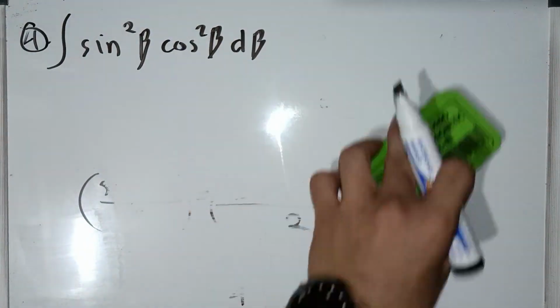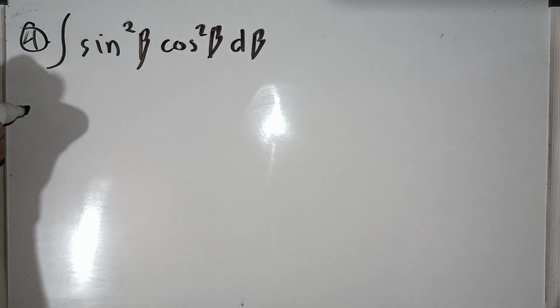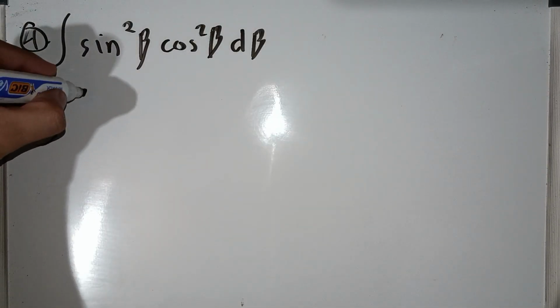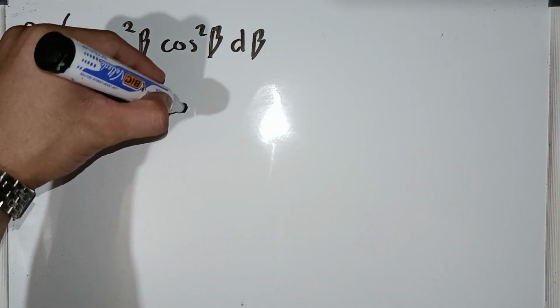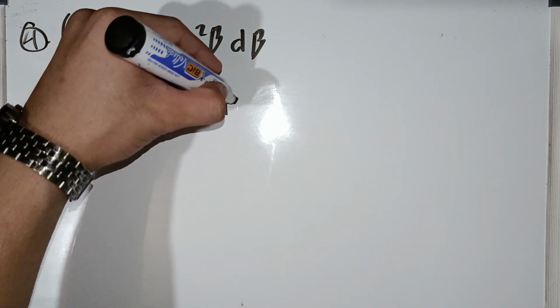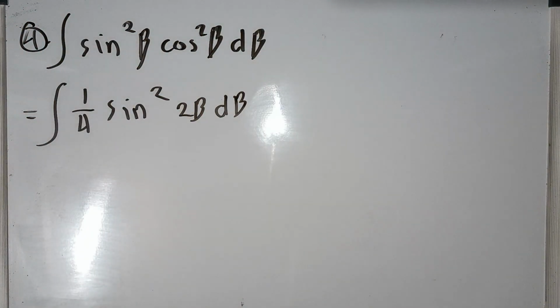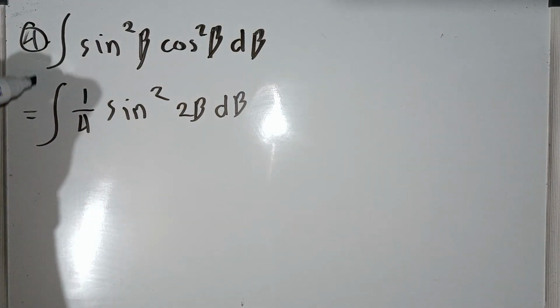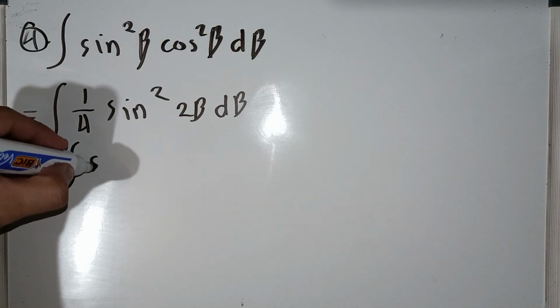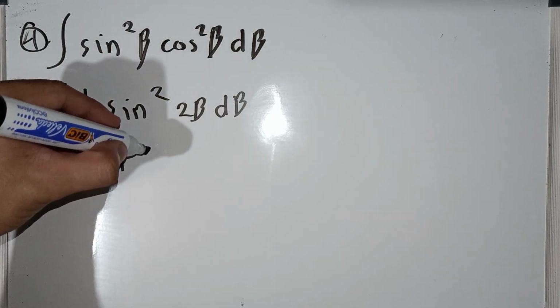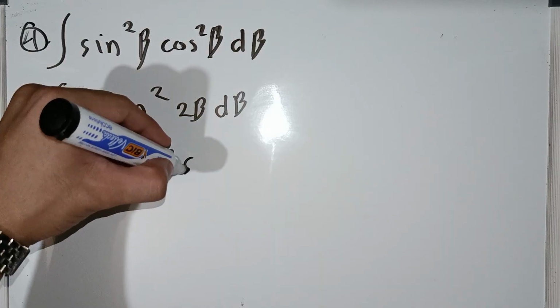Let's erase this first. So now it is equal to the integral of 1 over 4 sine square beta d beta. Since 1/4 is a constant, let's put it here, so that is equal to 1 over 4 the integral of sine square 2 beta d beta.